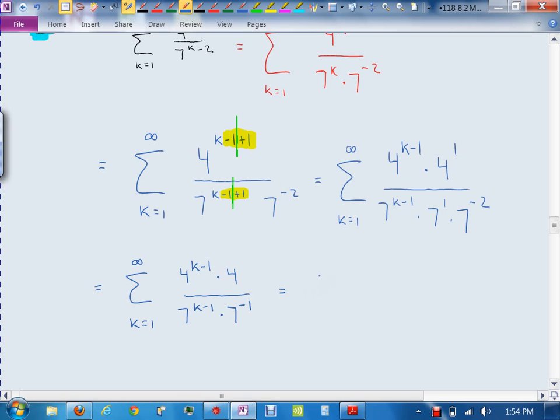So now I've got this. Summation k equals 1 to infinity of 28 times, check this out, 4 over 7 to the k minus 1. What did I do there? These two things are raised to the same power, aren't they? The 4 is raised to the k minus 1 and the 7 is raised to the k minus 1. Anytime two things are in a fraction and both raised to the same power, you can switch it over to a fraction, the whole thing raised to a power, can't you?